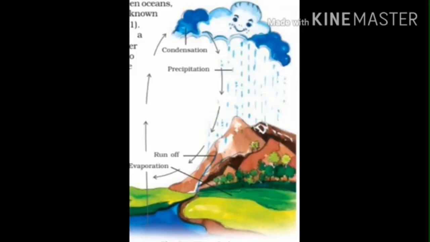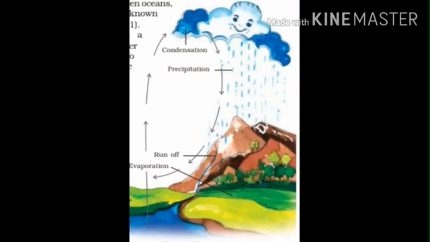This change of form of water and its circulation in all spheres of the environment. What are the spheres you may know children? Yes, first one is lithosphere, hydrosphere, atmosphere and biosphere. That circulates in all spheres is called what? Water cycle.